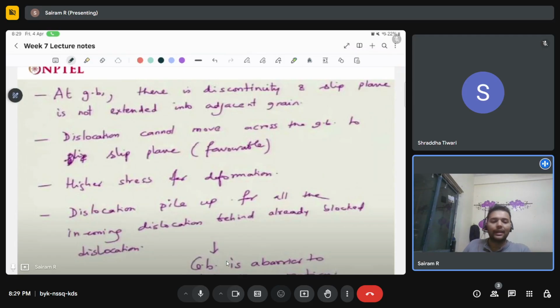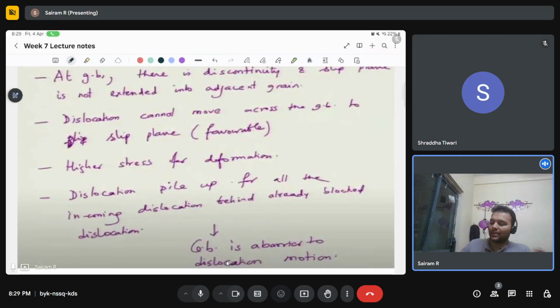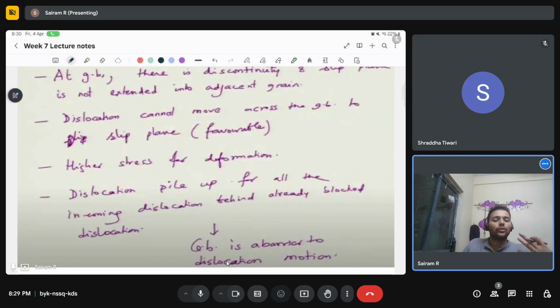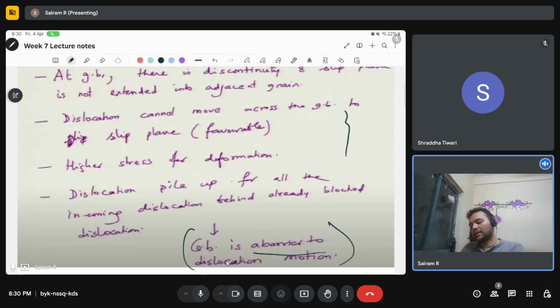So I need to provide more stress for the deformation to occur. When I'm not able to do that, the grain boundary acts as a barrier to dislocation motion, and along the grain boundary there is a pileup of dislocations in the slip plane.